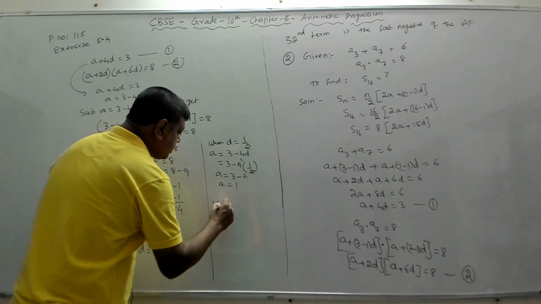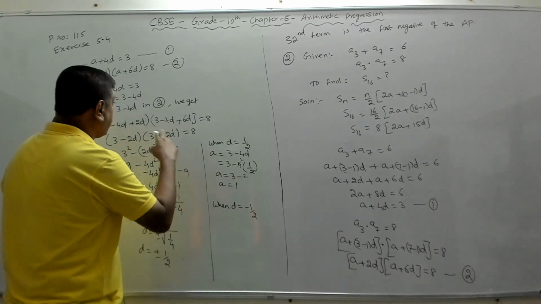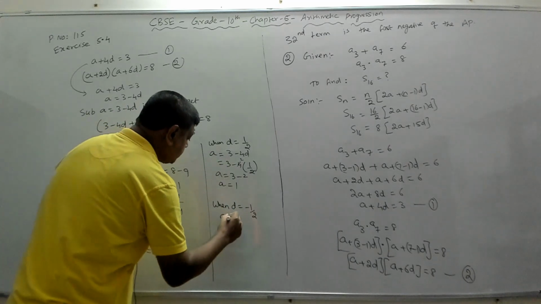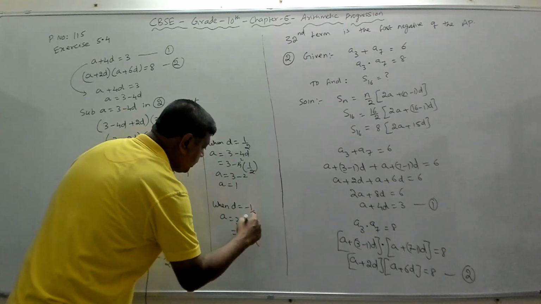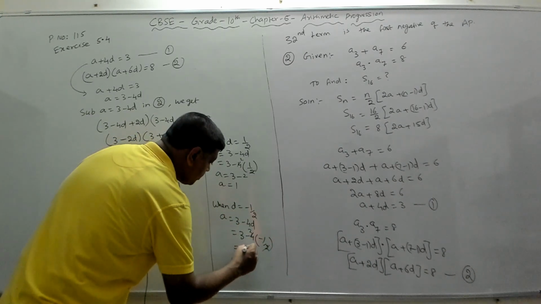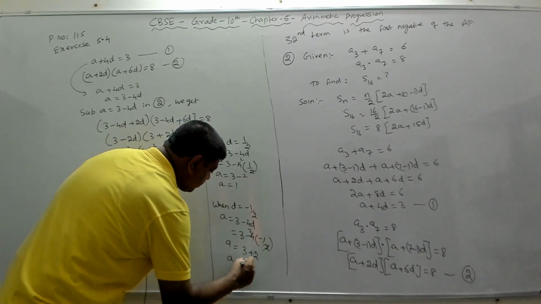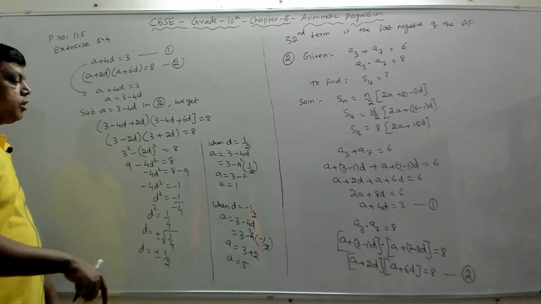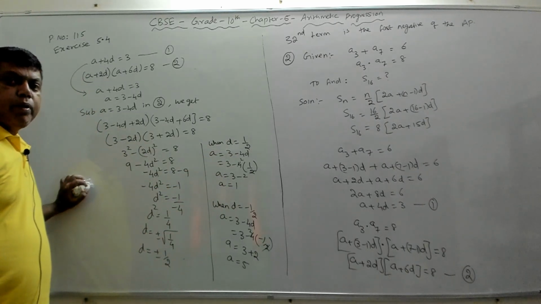And when d is minus 1 by 2, what is our a? Again you have to substitute here. So a becomes 3 minus 4d, that is equal to 3 minus 4 into d. D is minus 1 by 2. You cancel, you get 2. So it becomes 3 minus 2 into minus 1 is plus 2. Your a becomes 5. So a is 5 when your d is minus 1 by 2, and a is 1 when your d is plus 1 by 2.